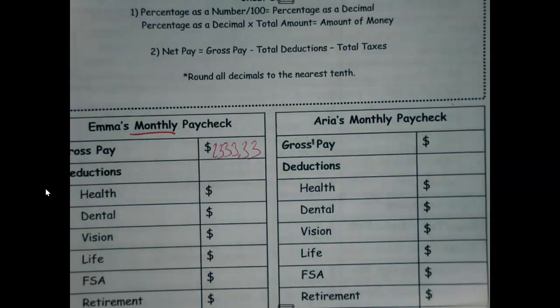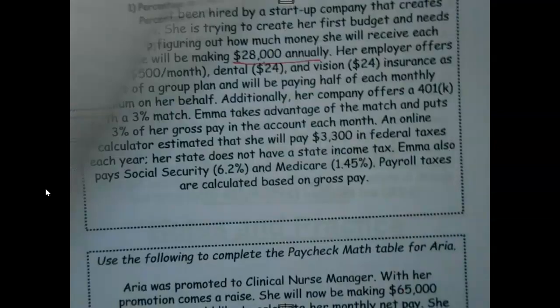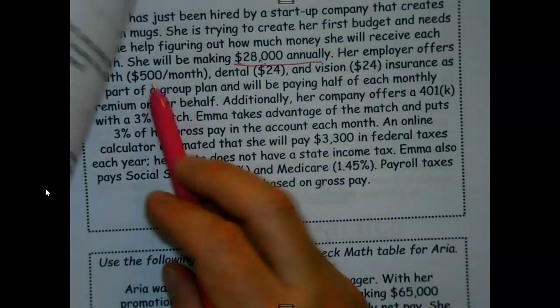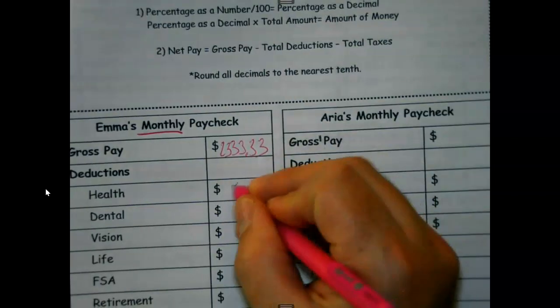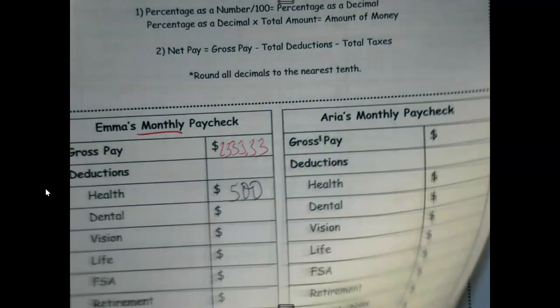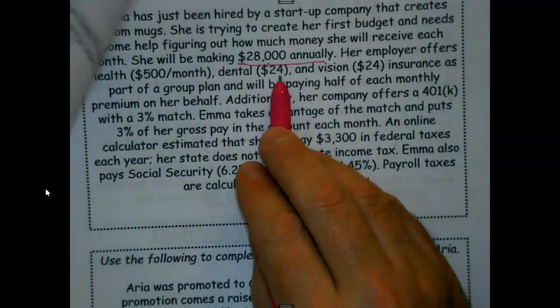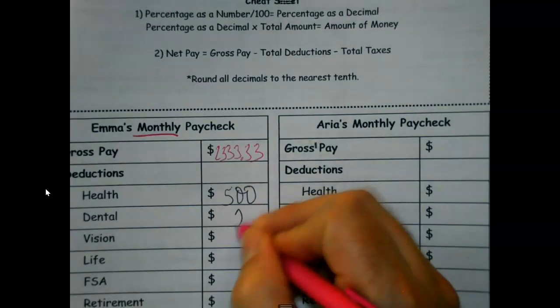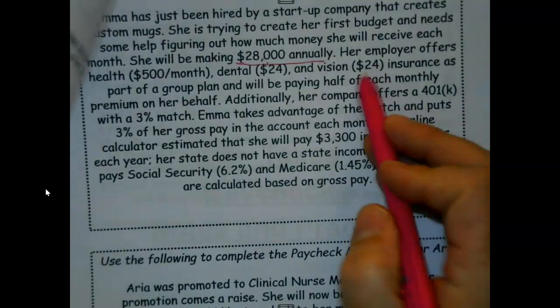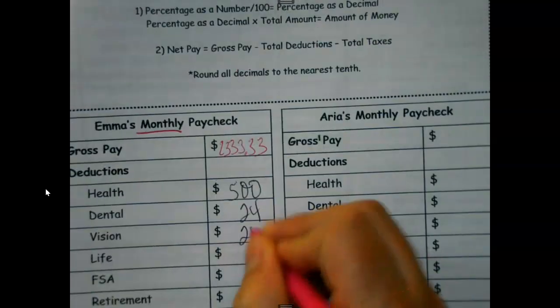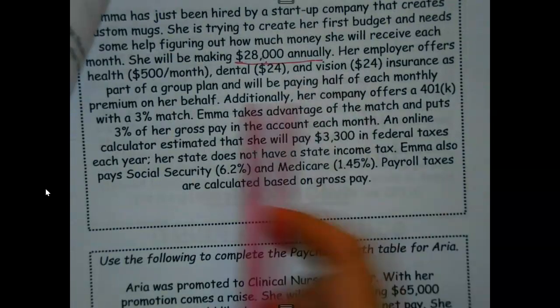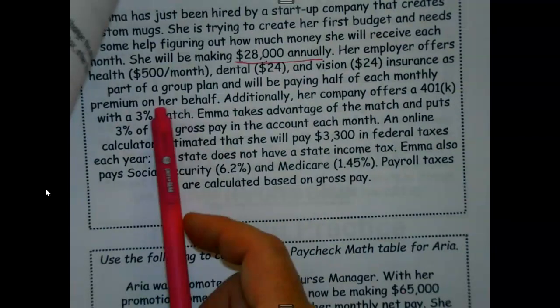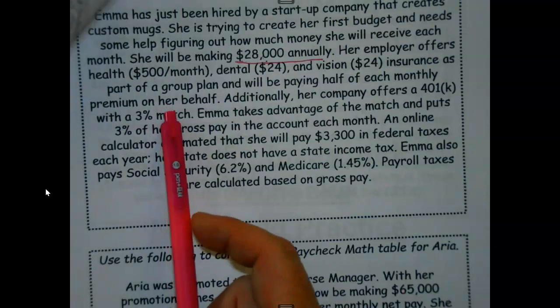Deductions. All right, Emma, how much stuff you got coming out here? Her employer says health, $500 a month. Oofda. Dental, 24. Again, just taking them right off that sheet. Vision, 24. Now see, this is where Hardy needs to learn how to read.